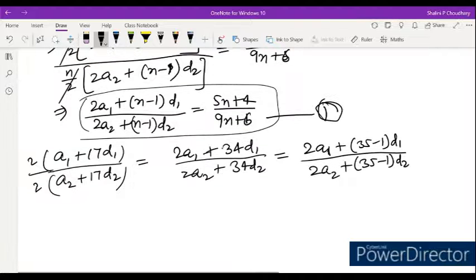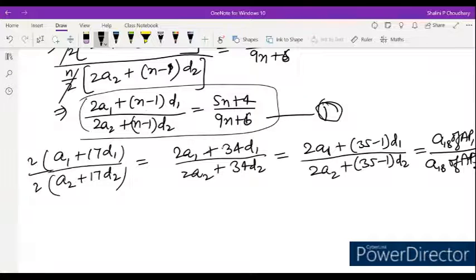Okay, now this is equal to the 18th term of AP1, A18 of AP1, divided by A18 of AP2.